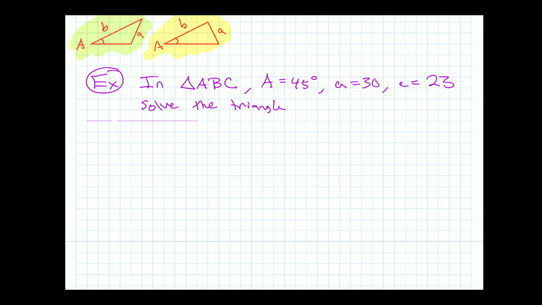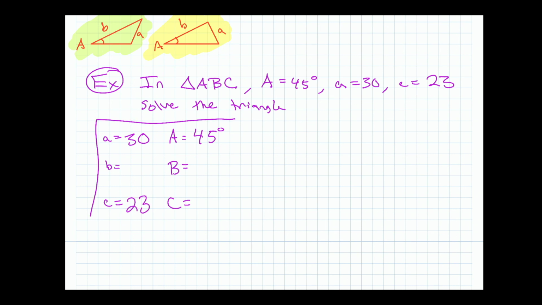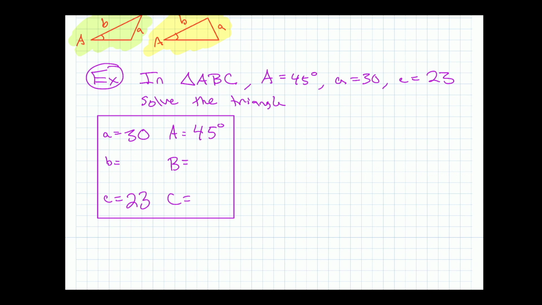So we have A, B, C, big A, big B, big C. We know that big A is 45, little a is 30, little c is 23. All right, so this is what we know. Okay. So let's try to draw that triangle. Now, again, I don't actually know what's going on here.